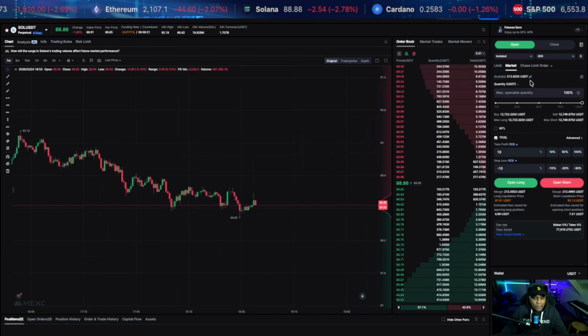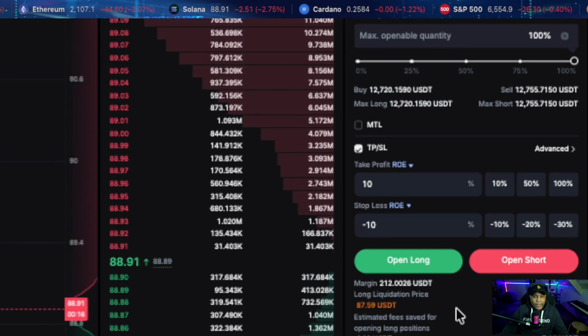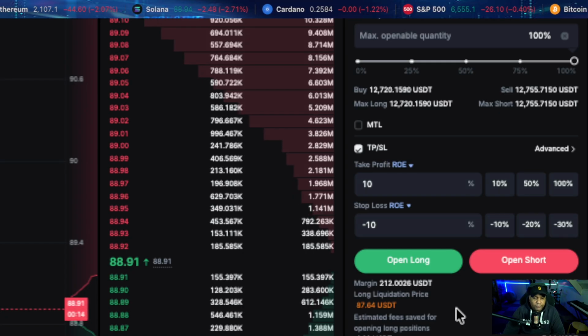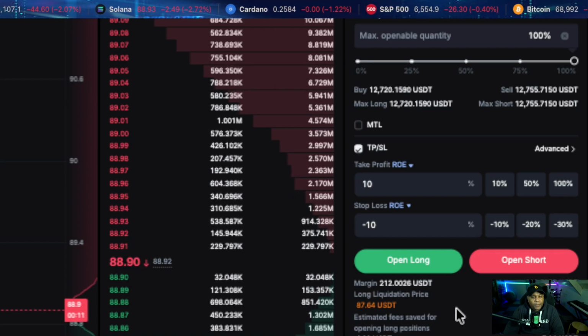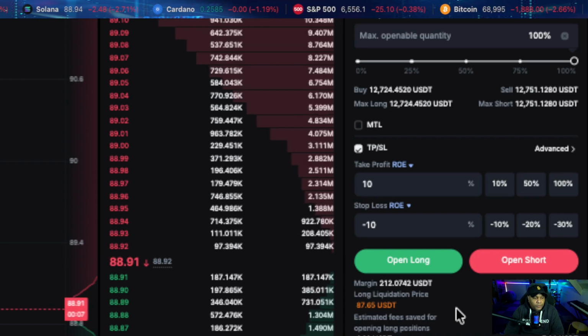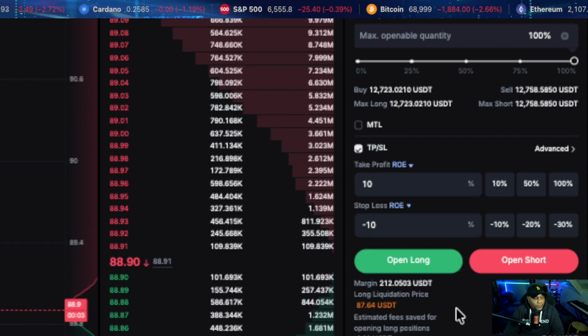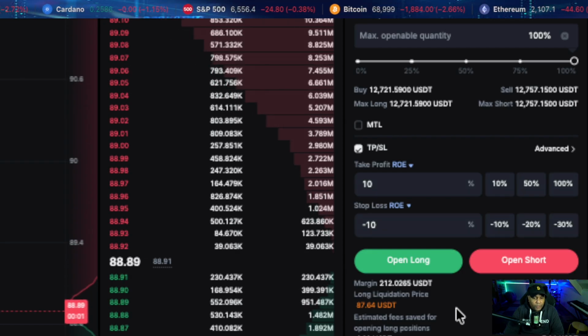So if we look further down here, we have, for example, the green and the red button. The green button, opening a long, means you're opening a trade expecting the price to go up. And if you use the red button, opening a short, you're expecting the price to go down.